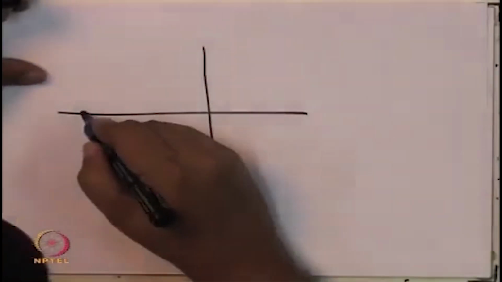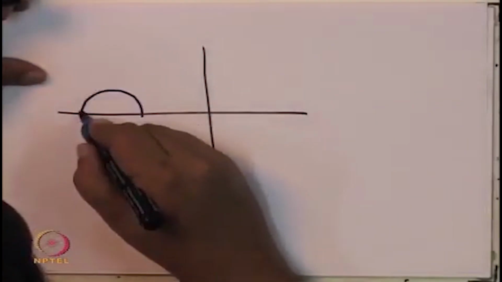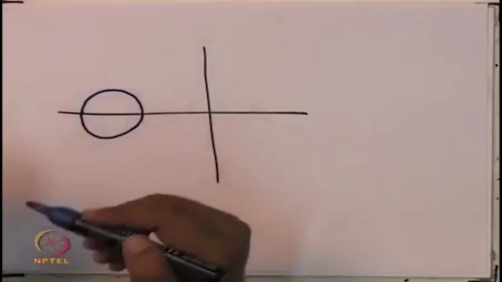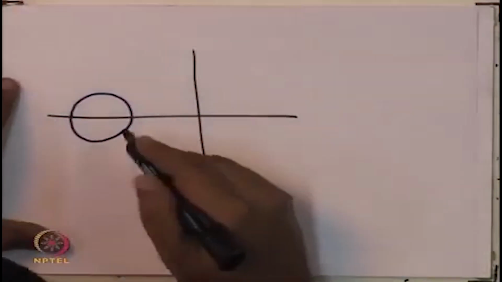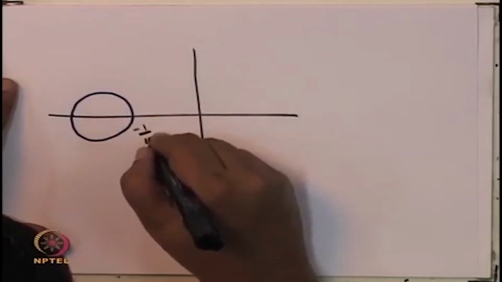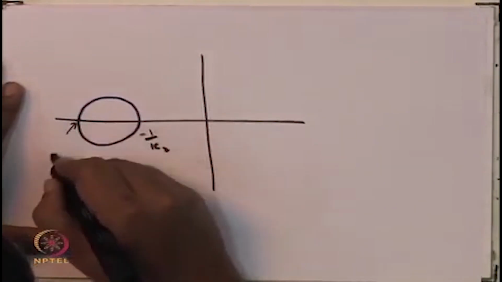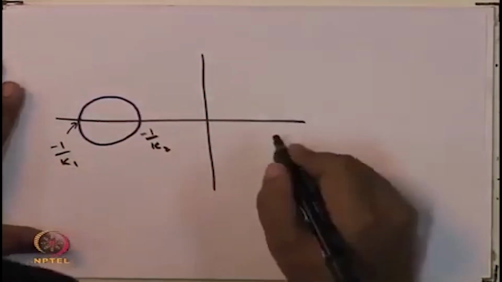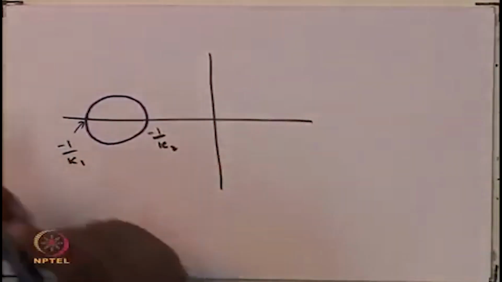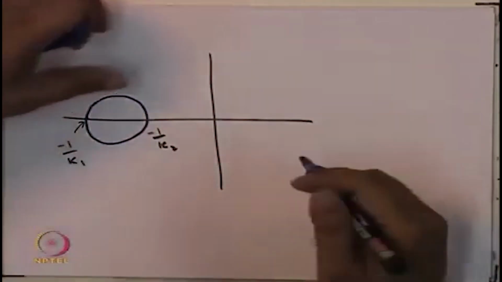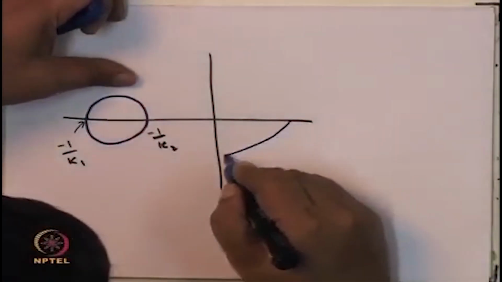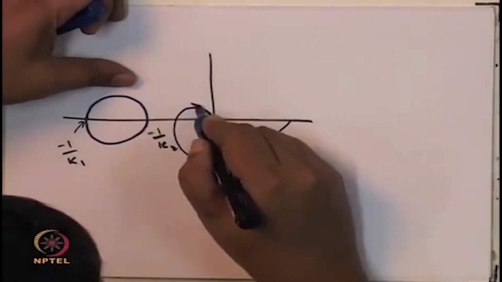Now, how does one guarantee that in such a situation? So what we were looking at earlier, let's say we have this circle here, and let's say this is minus 1 by k2, and this here is minus 1 by k1, and you have a Nyquist plot, and let me think of the Nyquist plot like that.